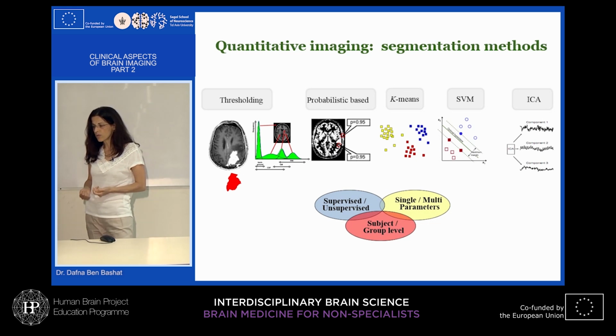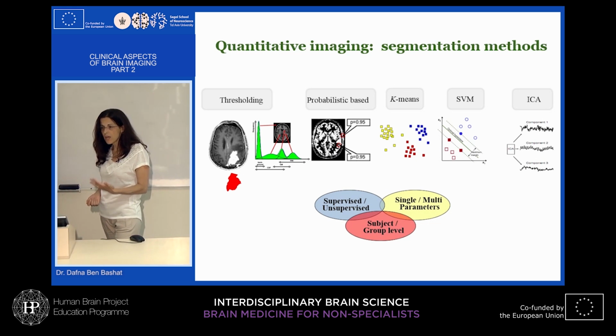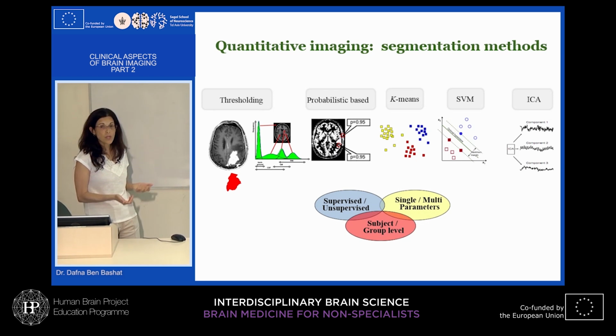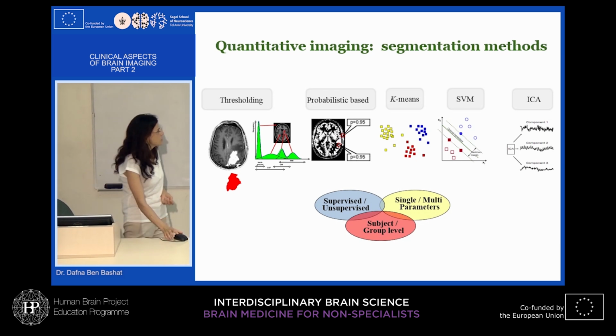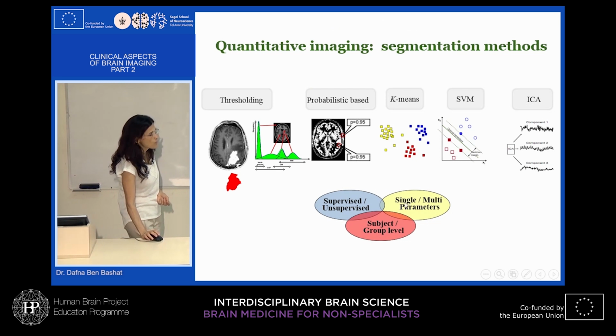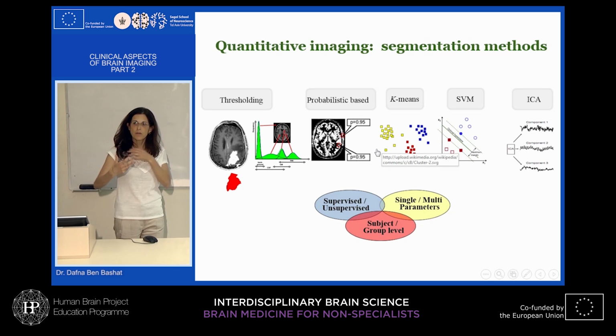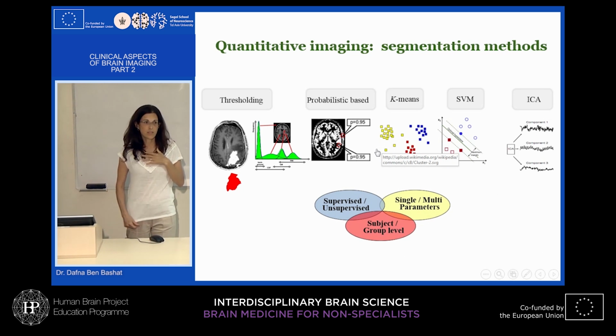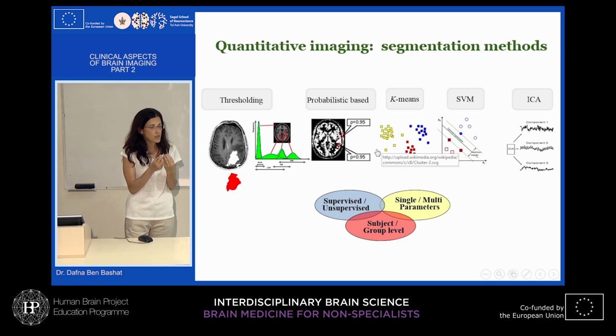But if you want to do it on a voxel basis, then we do need a lot of statistical and computational tools. There are a lot of tools and approaches, and of course I'm not going to go through them, but having these algorithms and approaches can really improve our diagnosis and provide even voxel-based analysis, because a lot of tumors are heterogeneous.